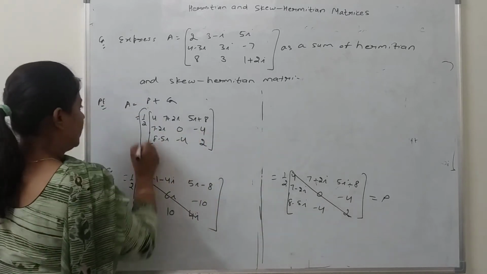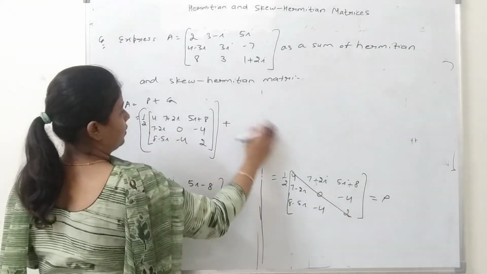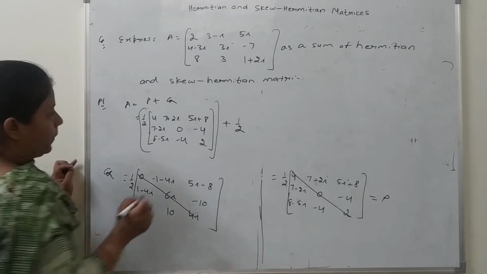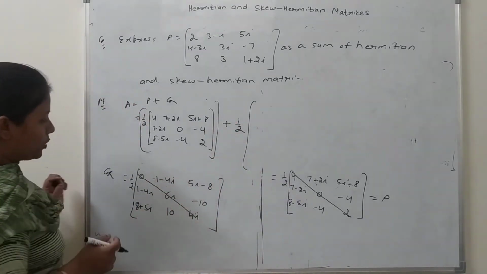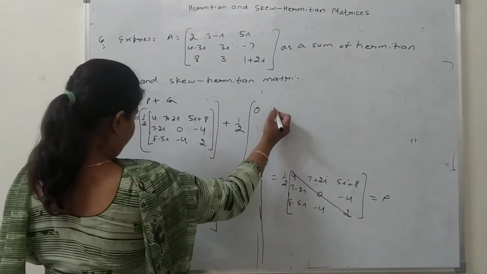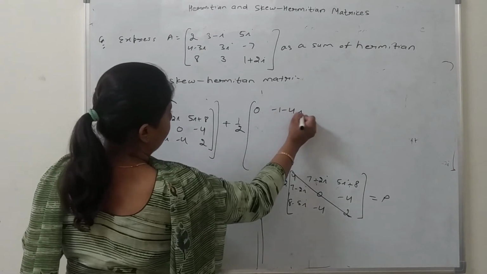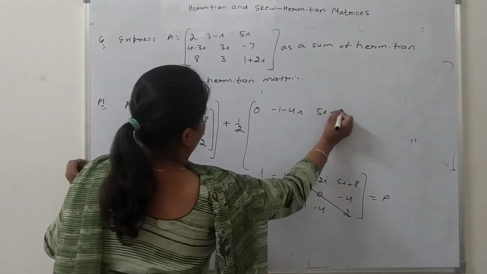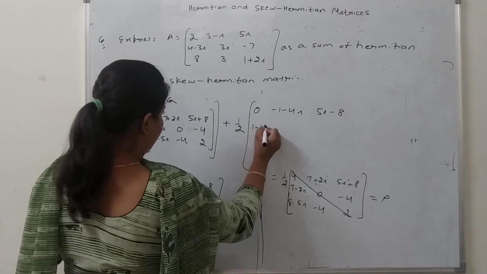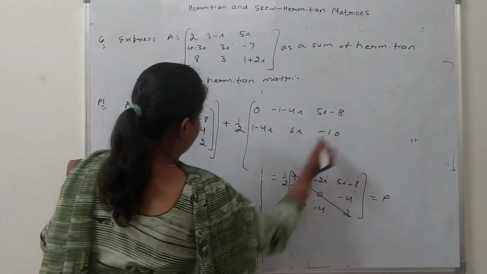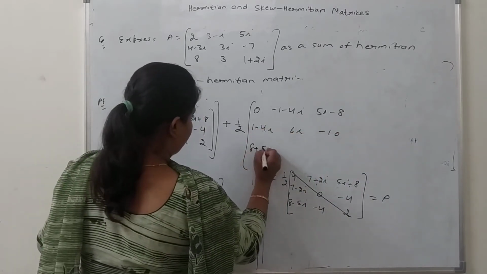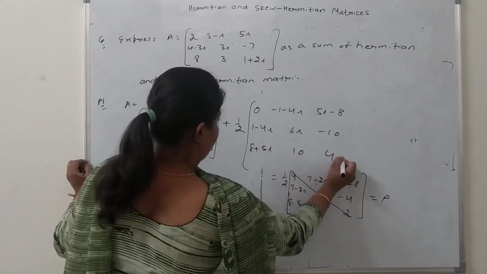This is P, plus half of 0, minus 1 minus 4 iota, 5 iota minus 8, 1 minus 4 iota, 6 iota minus 10, 8 plus 5 iota, 10, 4 iota. You can take half inside also.